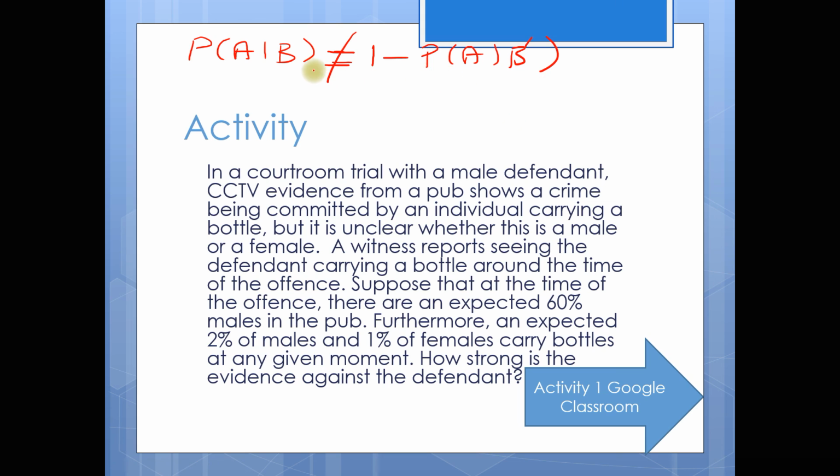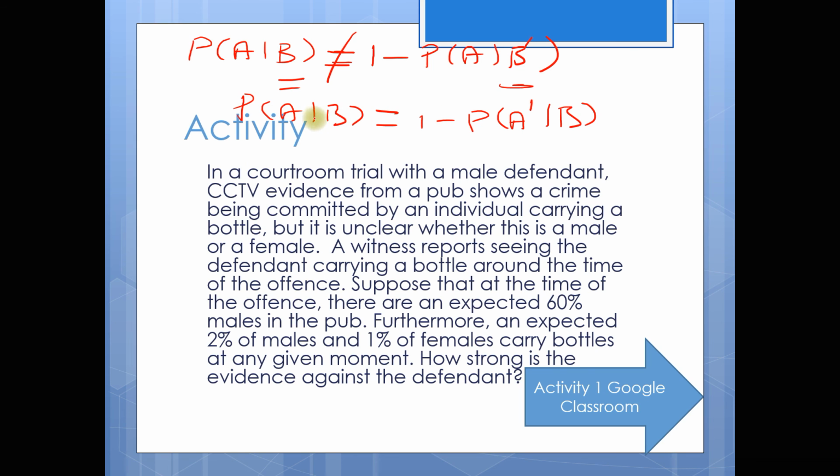Be careful with these things because B is a particular sample space. You cannot take 1 minus probability of A from a different sample space. If you are A given B and you say 1 minus probability of A dash given B, then this makes sense.